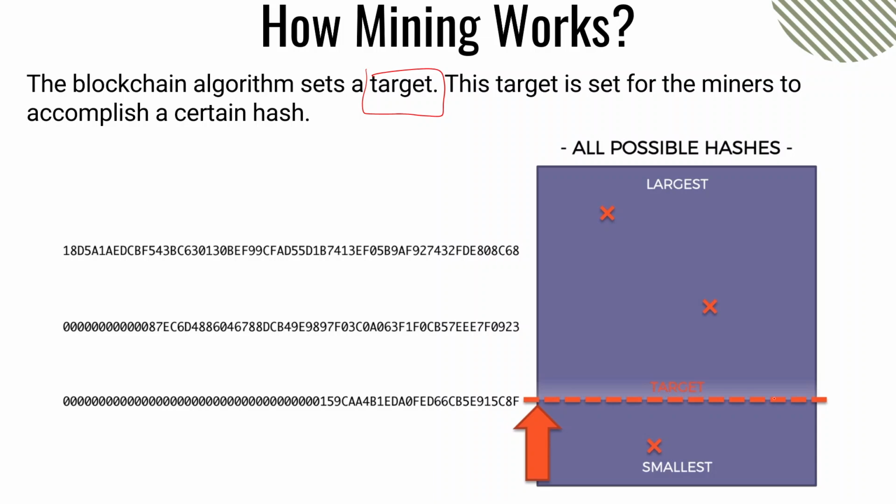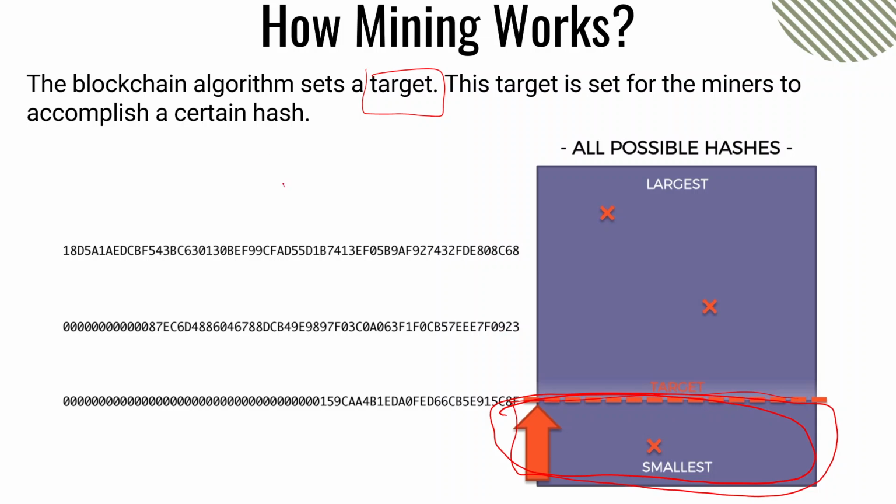The target is indicated by this part only. This is the target. So if a miner wants to mine a block, he has to find a hash number from the target region.